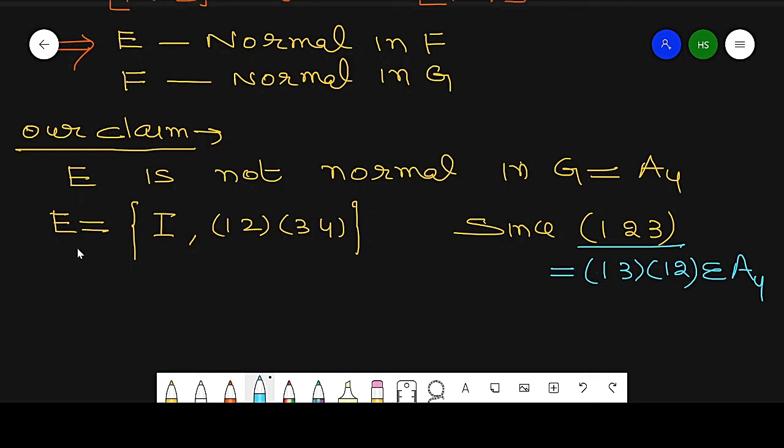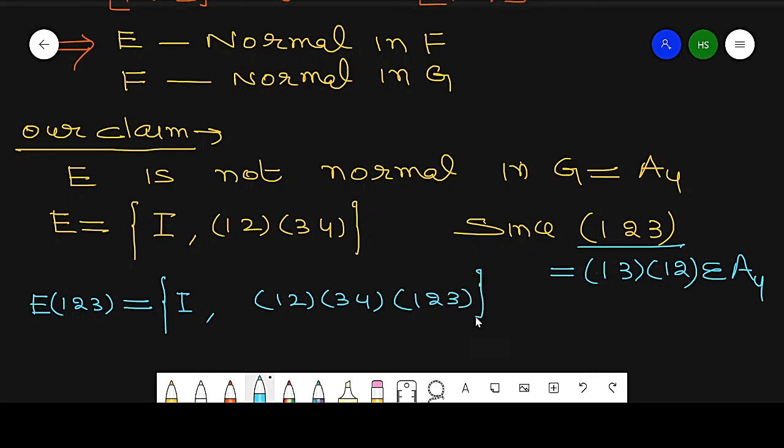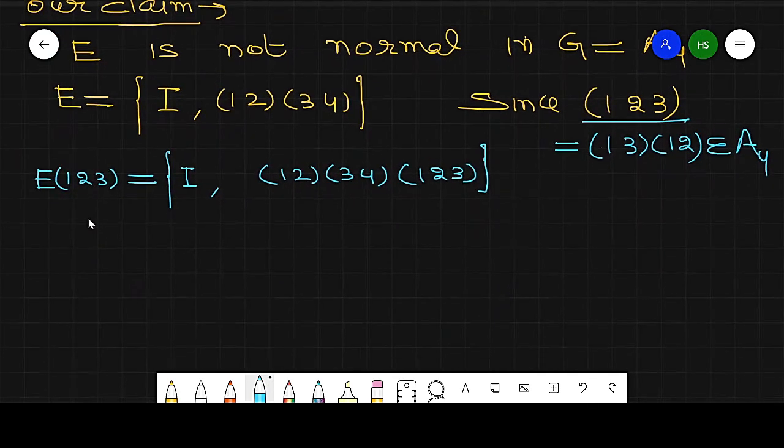Now if I multiply E by (1 2 3), what do I get? The set of identity and (1 2)(3 4), multiplied by (1 2 3).